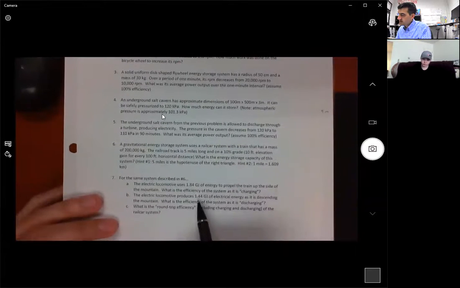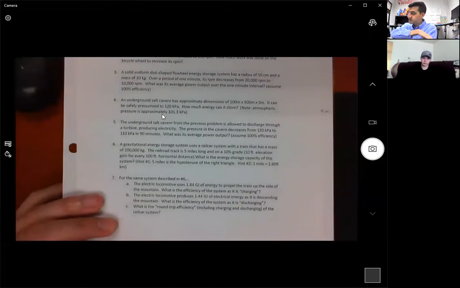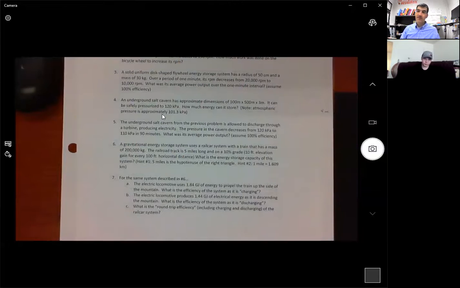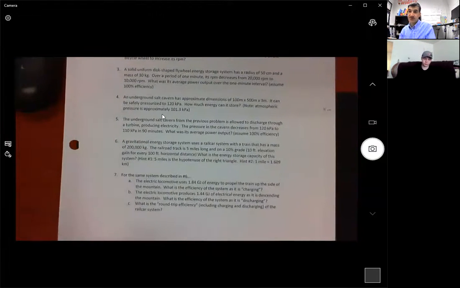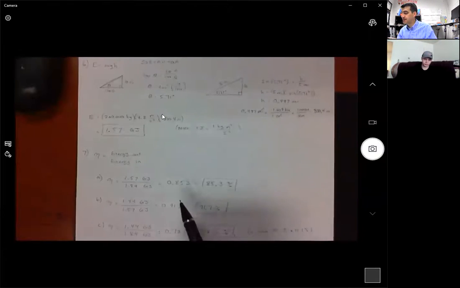Part B is kind of similar. It says that as it's going down the mountain and discharging, it's going to produce 1.44 gigajoules of electrical energy. So what's the efficiency as it's discharging? Well, here we're going to compare the amount of stored energy to the amount of energy that we get out of it as it's descending the mountain.